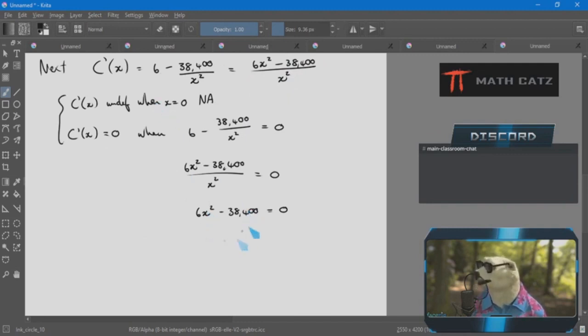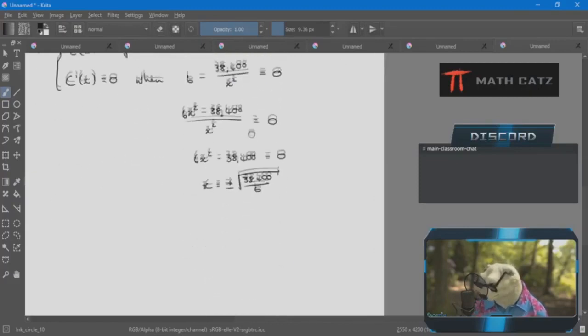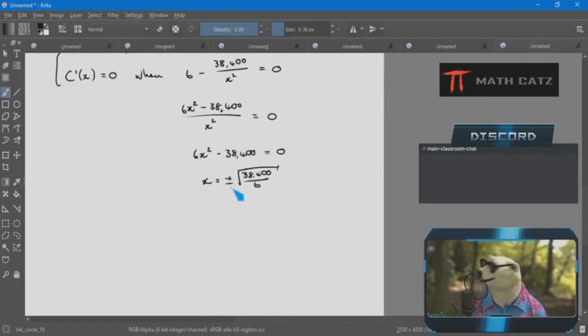Either way, I get this, and that's going to be plus or minus square root of 38,400 over 6. Now I'm not interested in the negative, right? Because x can't be a negative number. So technically when I do this, there are 2 critical points coming out of this, but I'm only interested in the positive one.